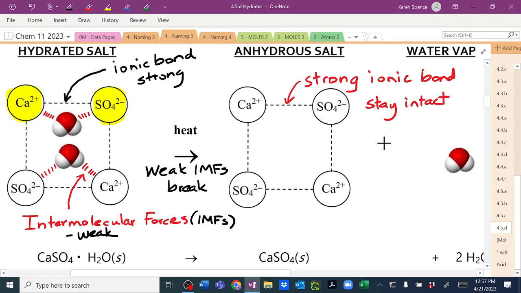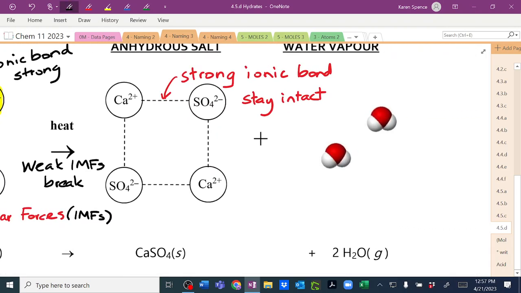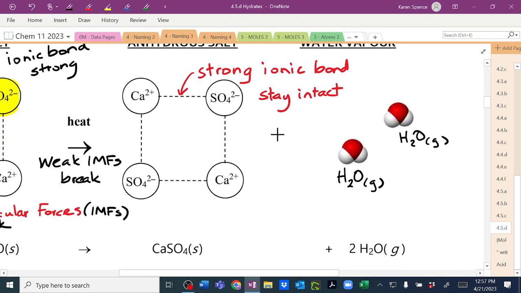And you remember when I flung those water molecules off to the side? That's what we have over here. We have water gas, and water gas. Is that good? Okay.